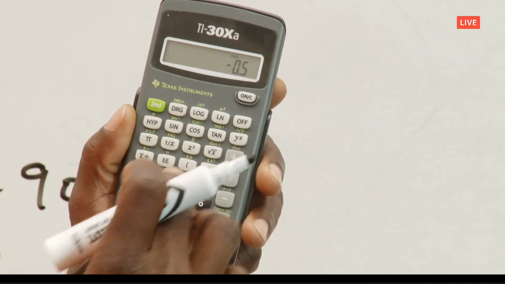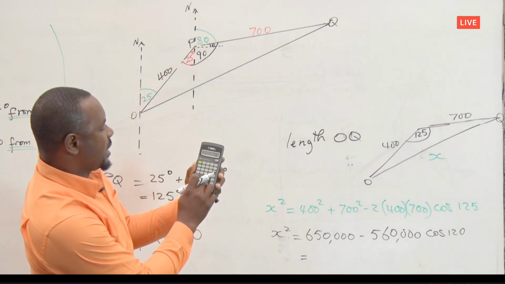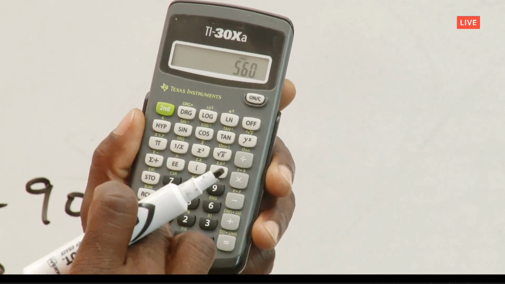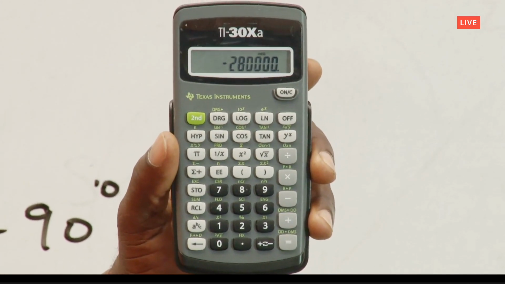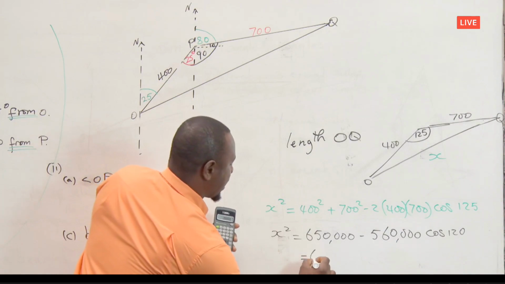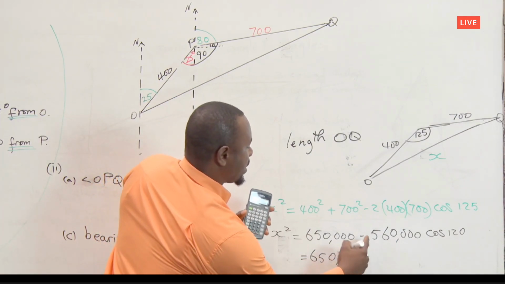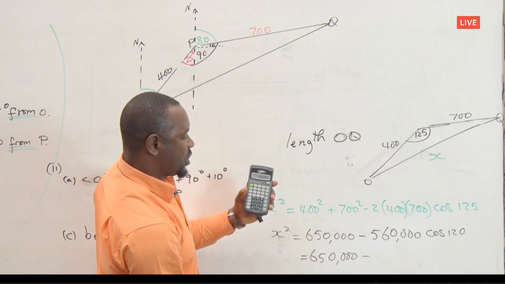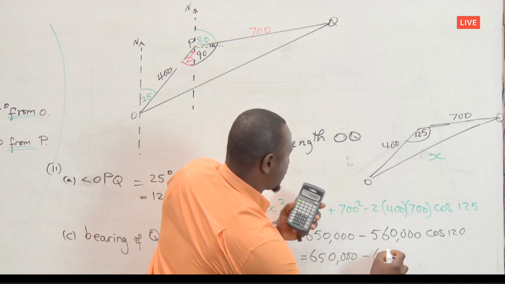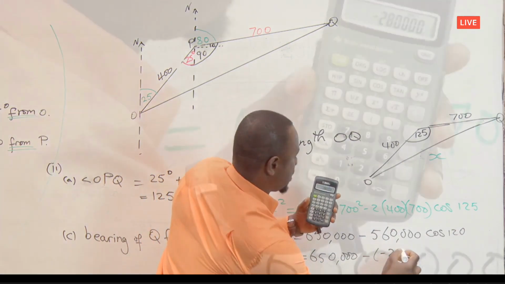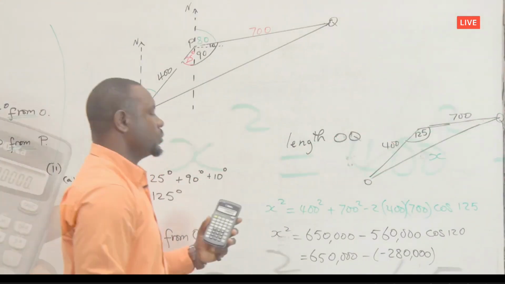Then I'm going to multiply that by 560,000 equals. So it gives me this as my answer. So this is 650,000 minus, and now appreciate, class, that when I multiplied, I got a negative result of minus 321,000.